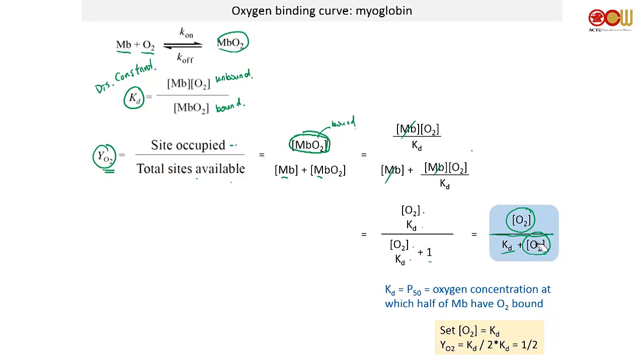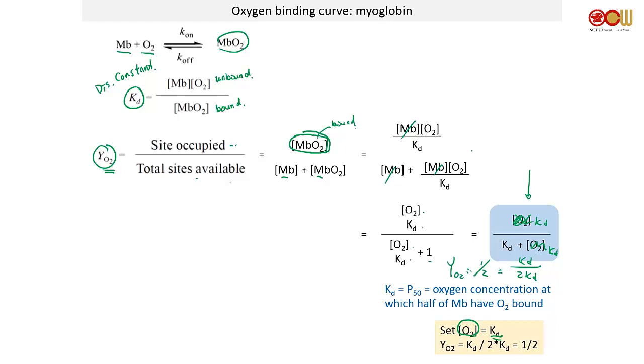And after having this particular equation, I know that Kd is nothing more than P50. How do I know? Because you can set the molecular oxygen concentration equal to Kd. Then what you have is Kd over 2Kd, which is equal to 1/2. Okay, so this is Y_O2.